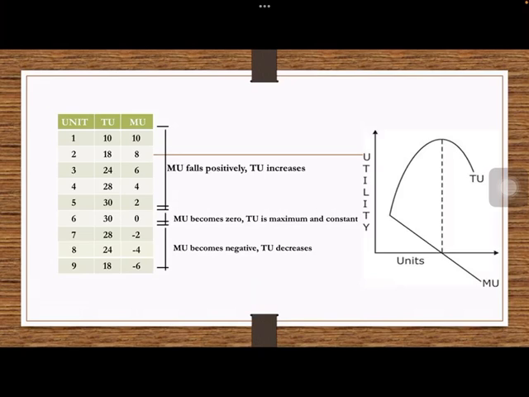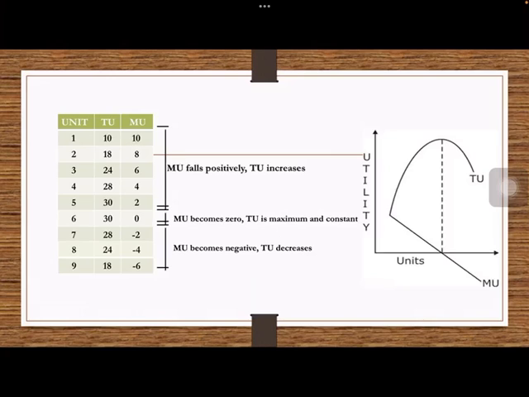You see, MU becomes 0 at the 6th unit. At that time, TU is maximum and constant. That is, 30 is the maximum, the highest. After the 6th unit, MU becomes negative. At that time, TU decreases.